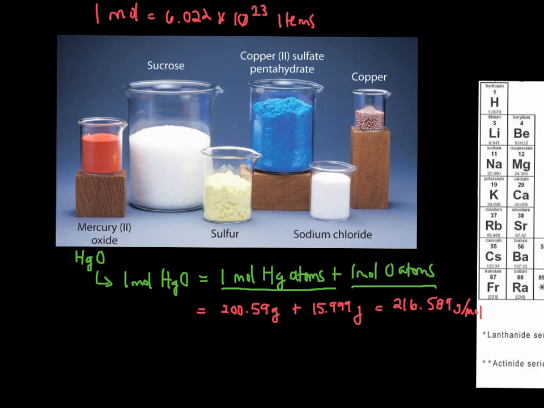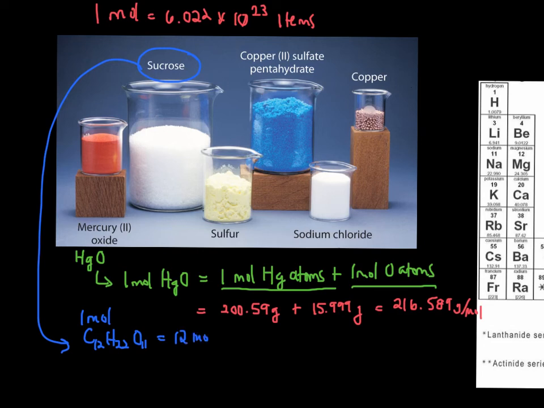Let's look at something a little more complicated. What about sucrose? Sucrose is table sugar. Each molecule of sucrose is made of 12 carbons, 22 hydrogens, and 11 oxygens. So if I had a mole of sucrose, what I have is 12 moles of carbon atoms plus 22 moles of hydrogen atoms plus 11 moles of oxygen atoms.